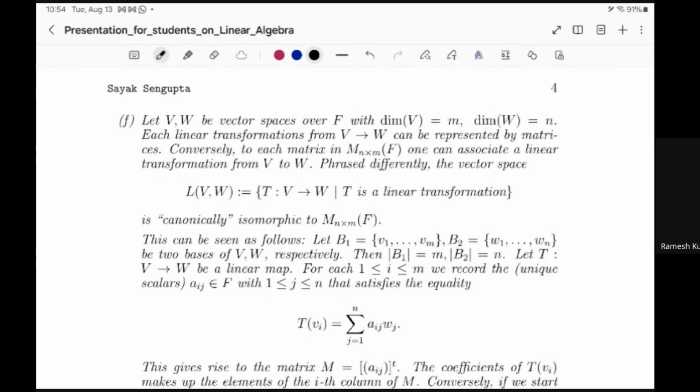So the idea is that there is an intimate relation between defining a linear transformation and a matrix. So it is explained here.